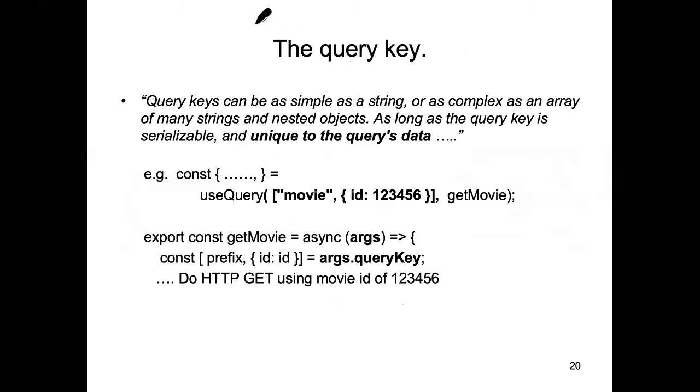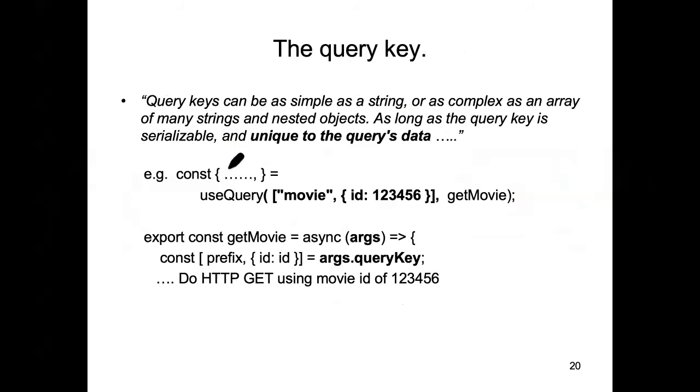I've literally cut and pasted this from the React Query documentation. Essentially, the key can be any type of serializable object or array.